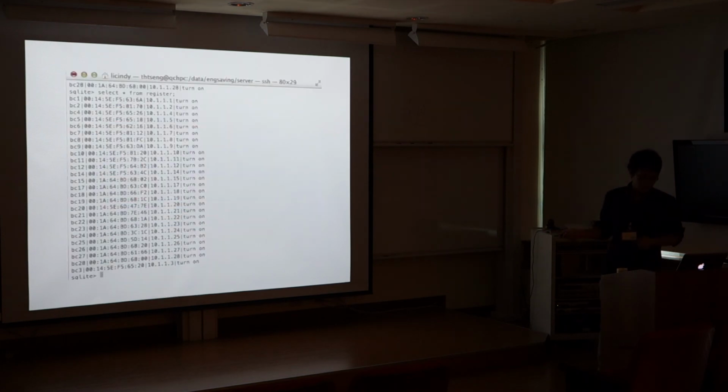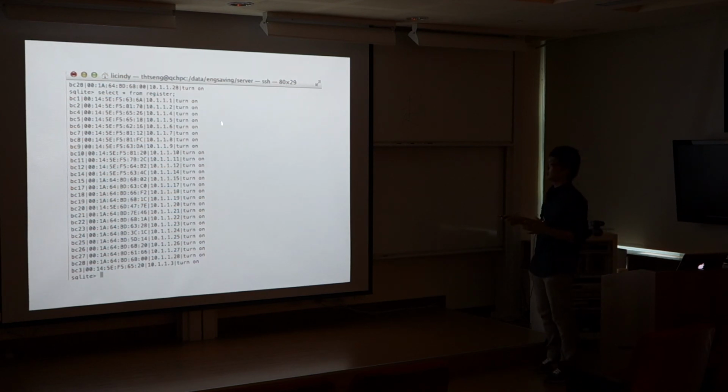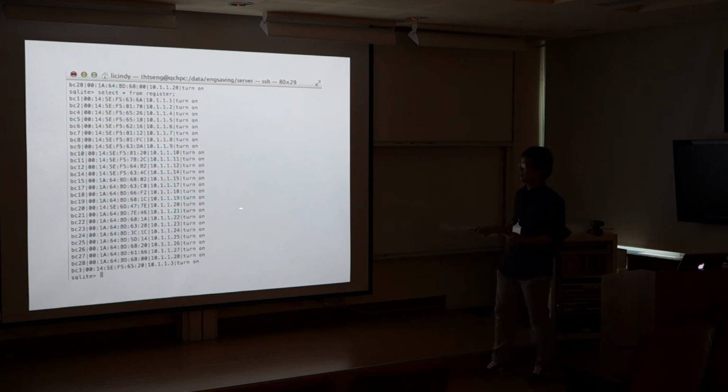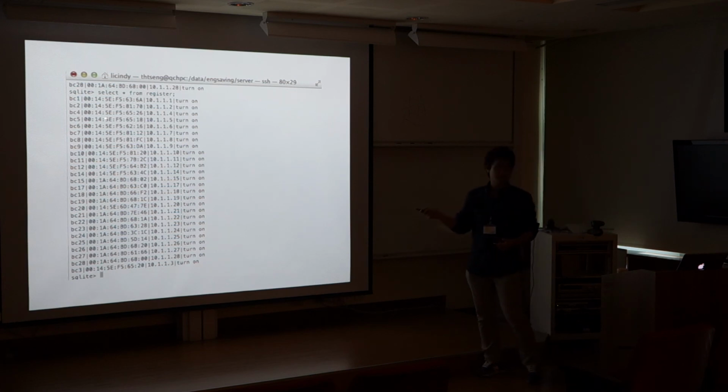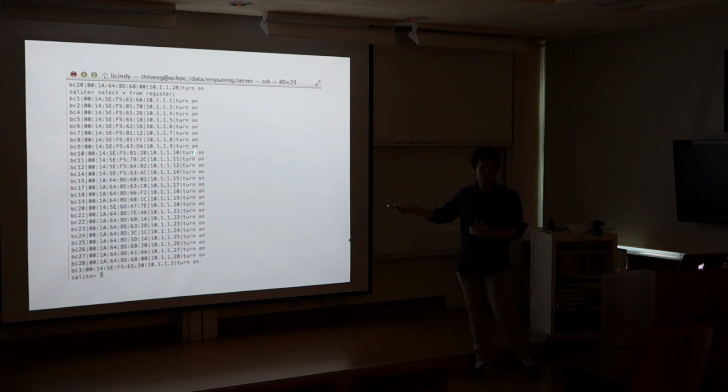So I will enter the server to check whether all of them were registered in the server computer. I find BC1, BC2, BC3, and all of them. And it will get the MAC address of the client computer, the IP address, and their current condition. They are turned on. If they are turned off, their status will be turned off.